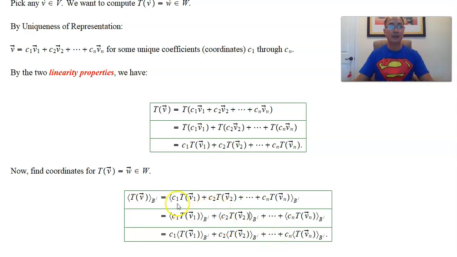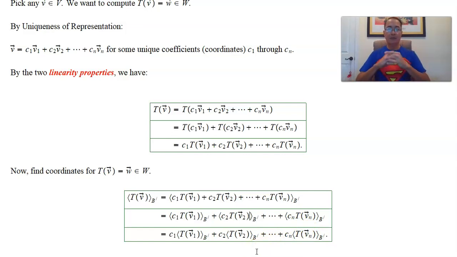So we have the coordinates of C1 T of V1 with respect to B prime, plus the coordinates of C2 T of V2 with respect to B prime, and so on up to the last term. Now use homogeneity. We can factor out C1, factor out C2, and so on. We have this linear combination.